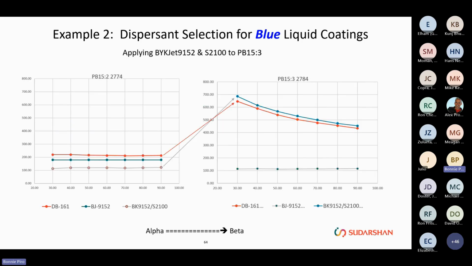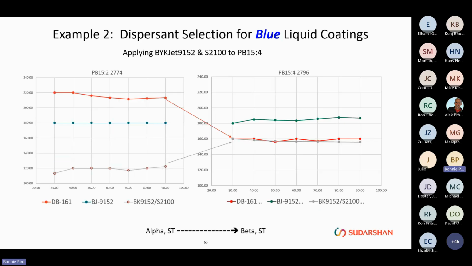Next, if we shift from an alpha to a beta, in this case the 15.2 results to a 15.3, we see one formulation that does carry over in its response, but the two others were much higher in viscosity than the 15.2 formulation.